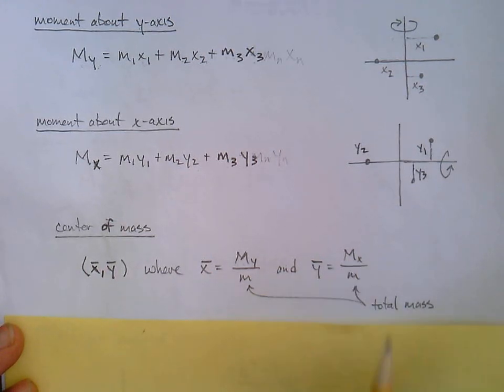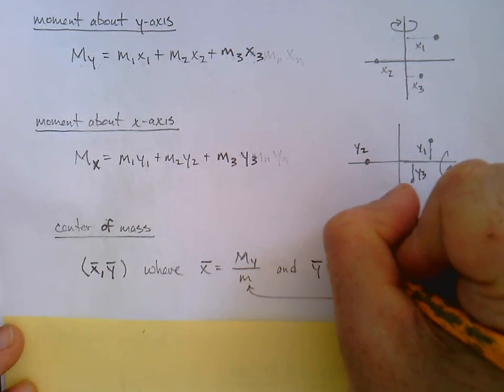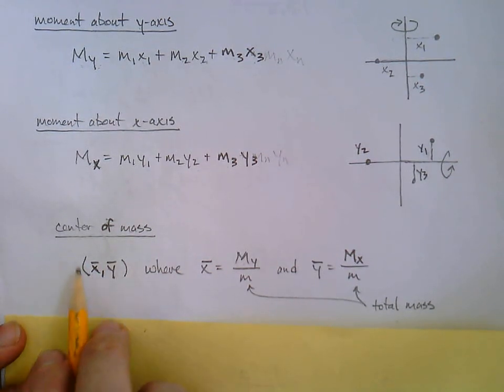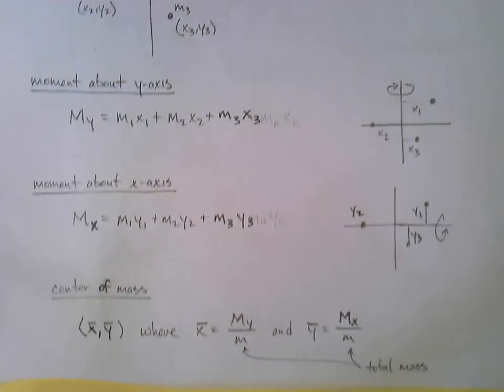And y bar uses m sub x because m sub x talks about vertical rotation. And again, m, well, that's the total mass in the entire system.